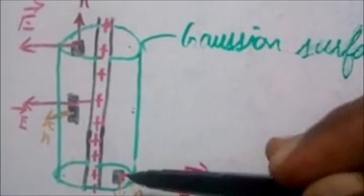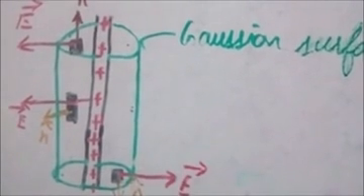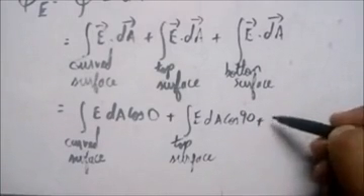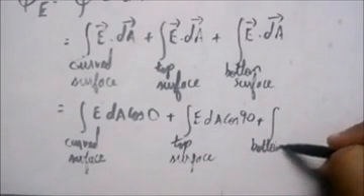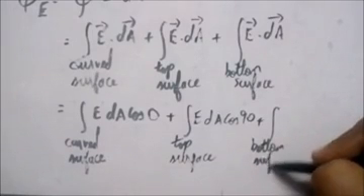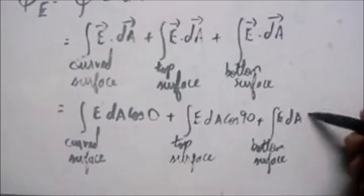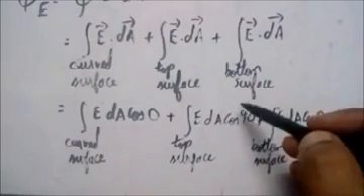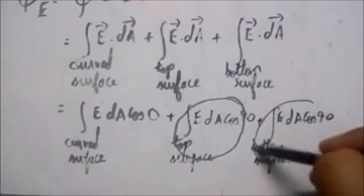For the bottom surface also 90 degrees. So that will be cos 90. So E dA cos 90, plus for the bottom surface also the closed integral of E dA cos 90. Cos 90 we know is 0. So this term will fully become 0, and this term also will become 0 here.